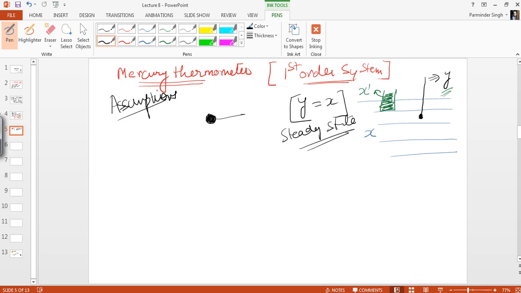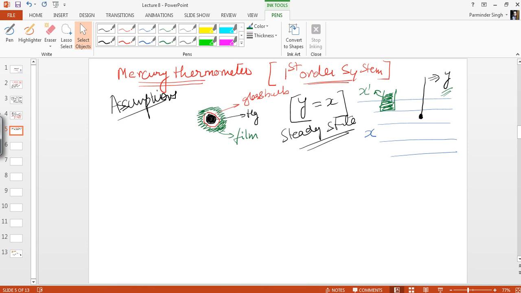Let's say this is the mercury, and this is the glass bulb in which the mercury is kept, and let's say this is the film resistance, the film surrounding the mercury.